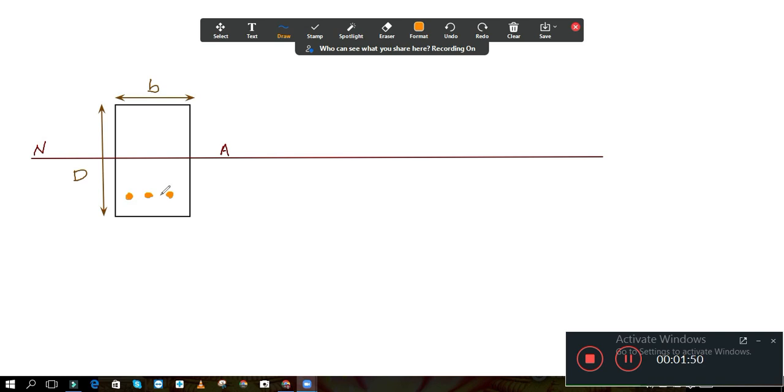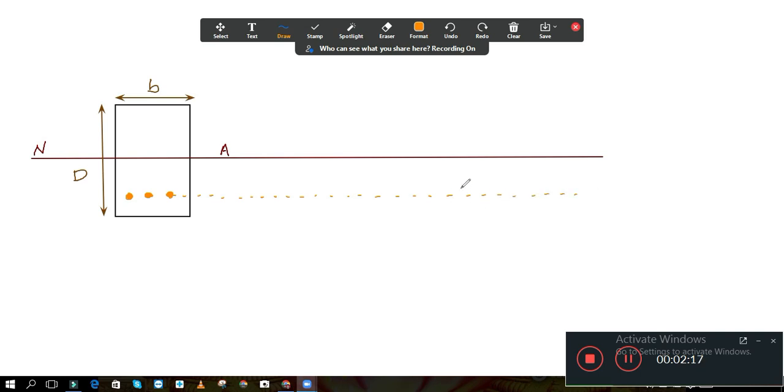But for singly reinforced sections, we provide the reinforcement at the tension side only. Now I will project this line to draw the strain diagram, and this will also be required to show the tensile force.